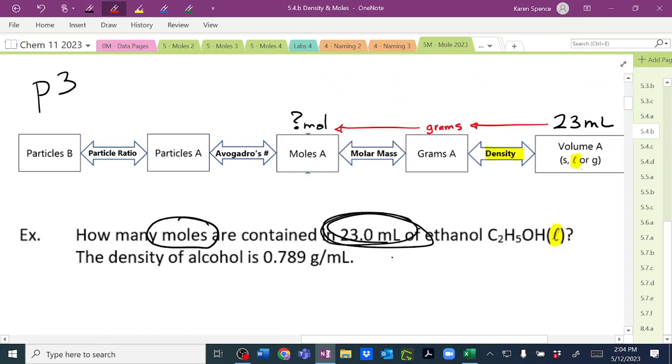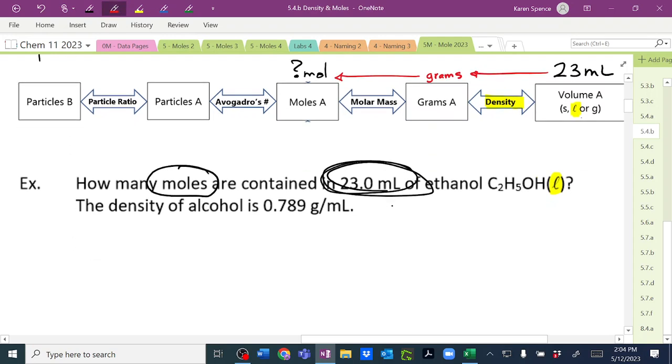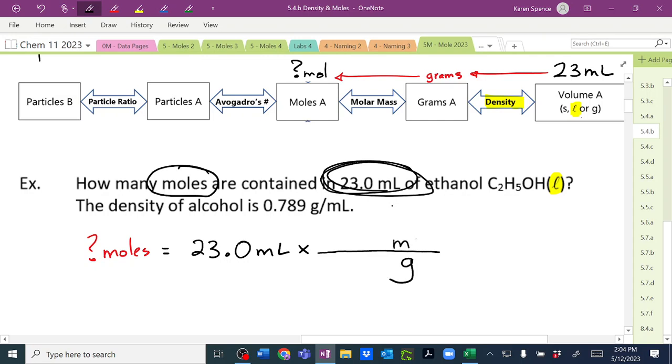So we're going to start from 23.0 milliliters, because we're trying to find moles. We want to find the grams, which means we need to cancel milliliters.